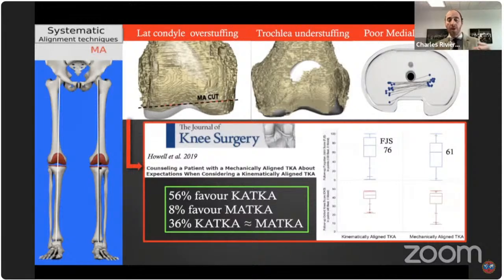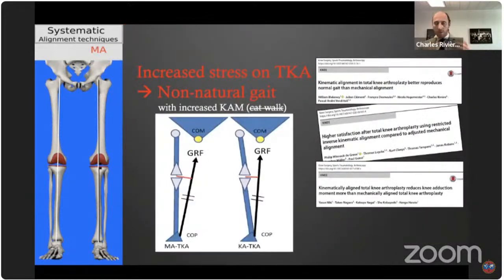When you compare AMA and KA-TKA, many papers have now been released, and on average there are 15 points difference regarding the Forgotten Joint Score. So AMA-TKA doesn't feel as good as KA-TKA, probably because of this anatomical and kinematic alteration of the native knee.